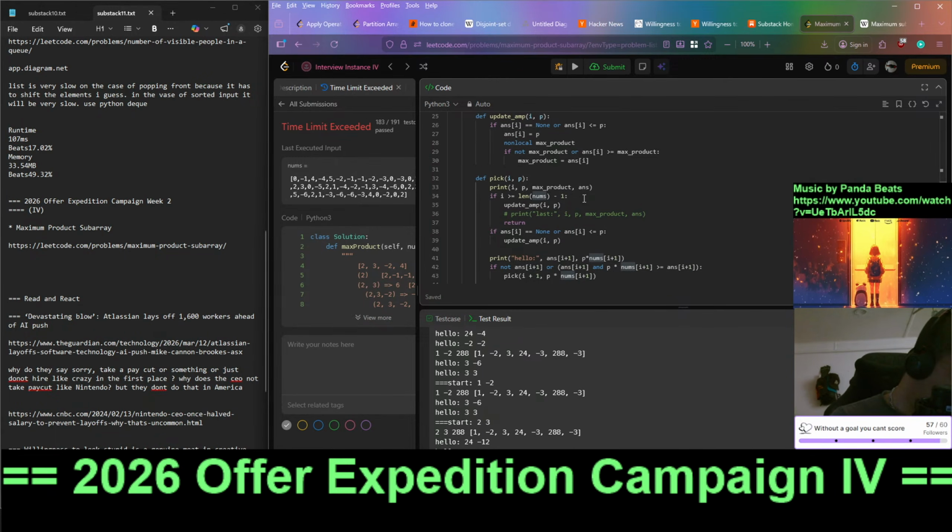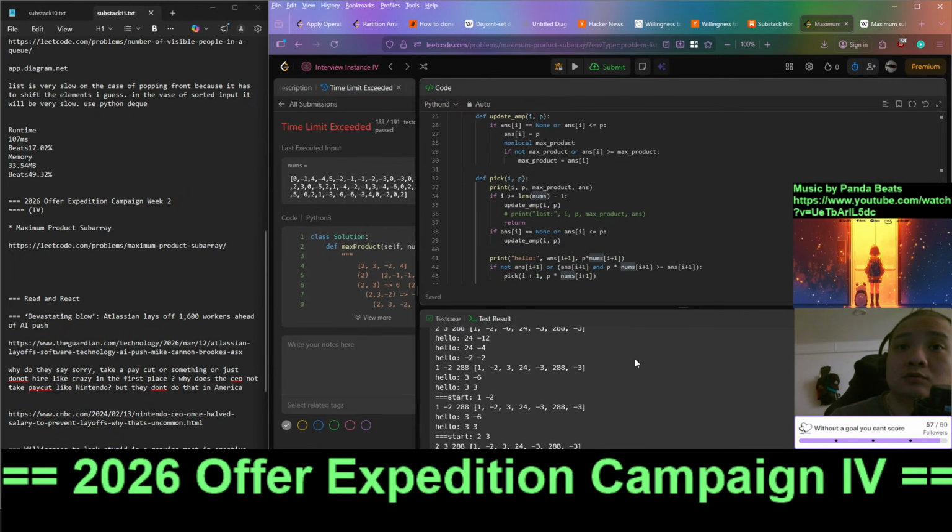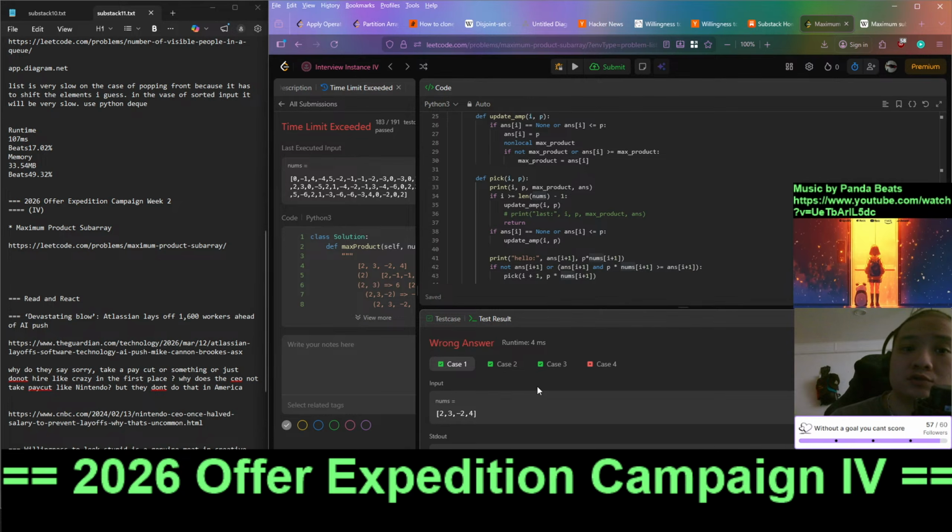We'll see how we deal with this. It's just giving the wrong answer, right? So let's look back at how we get all the sub-arrays and figure out a way to catch them.